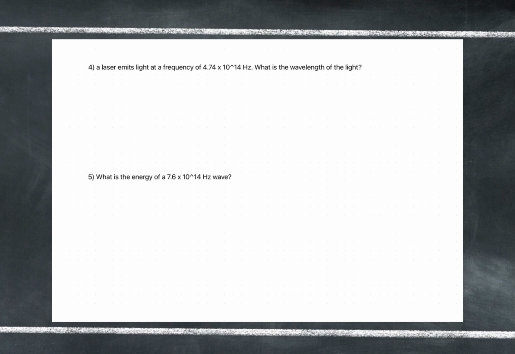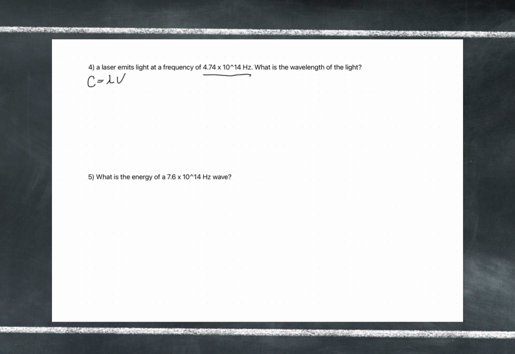Okay, number 4. A laser emits a light with a frequency of 4.74 times 10 to the 14th hertz. What is the wavelength? So we continue with our visible light equation. c equals lambda v. Well, we see we're given frequency this time, and we're wanting wavelength.